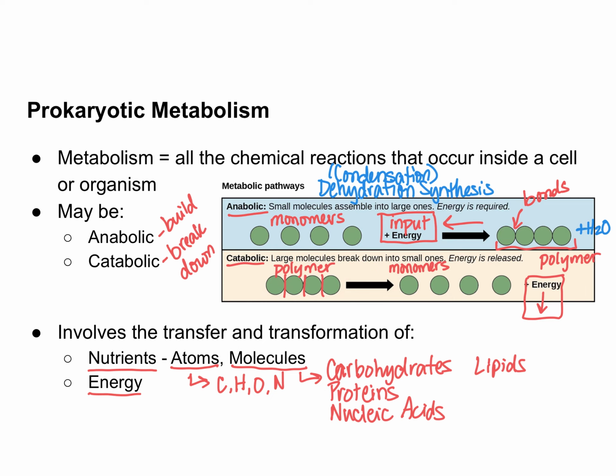Now for catabolism, this would be a hydrolytic reaction or hydrolysis. And there would have to be an input of water. So you would actually have a water molecule on the left side of the arrow that goes into helping to break down that polymer into its smaller components.